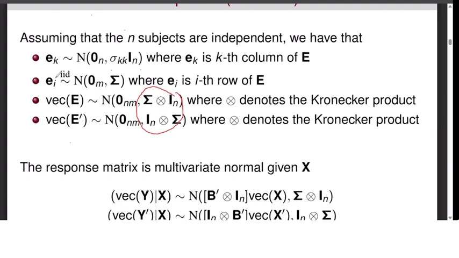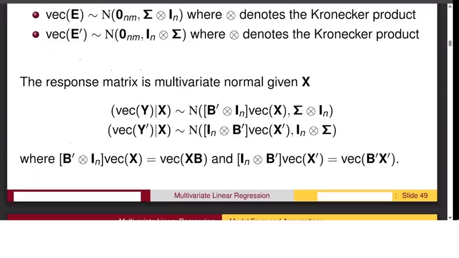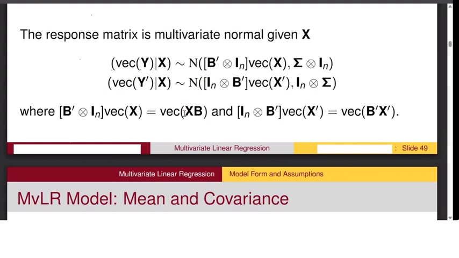Now, the next is you remember under a single response, we talked about the distribution of y given x, right? Y given x follows a normal distribution. The mean is going to be the model, and the variance is going to be sigma squared.